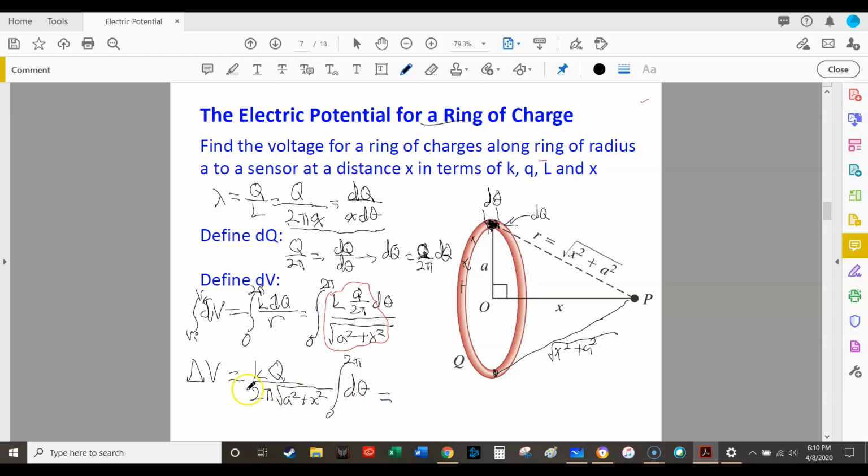Well, if you integrate from 0 to 2 pi along d theta, you get 2 pi minus 0, which is just 2 pi.